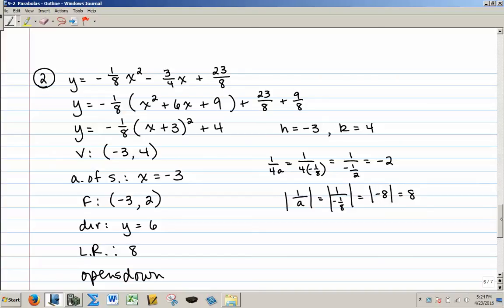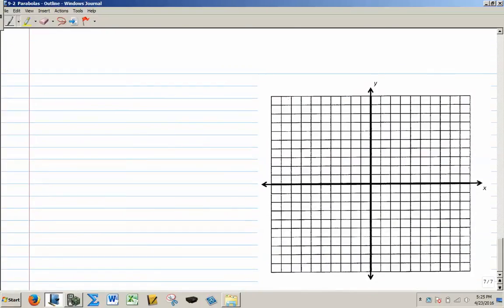So let's go ahead and graph this. My vertex is (-3, 4), so I'll start by graphing that. And I think I'll go ahead and start making my table here. I have -3, 4, and I'll choose points. I think these will work: -4, -5, -2, and -1.